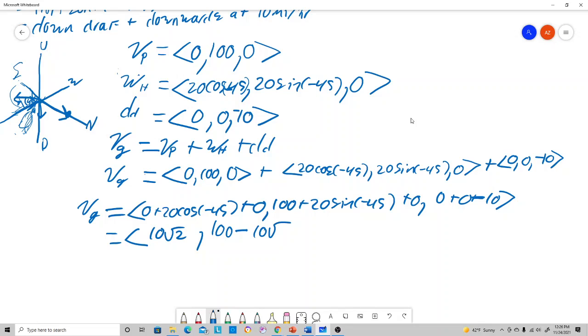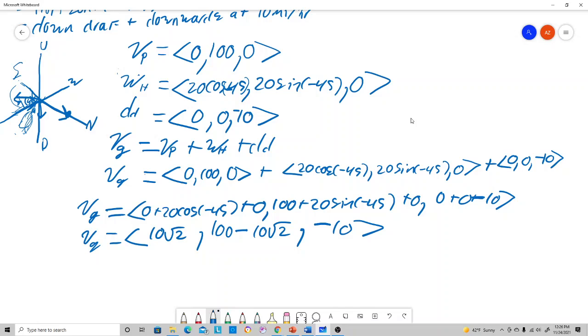So 10 is 10 square root 2. Okay. And then plus 0, which adds nothing to it. Okay, and then here, 0 plus 0 minus 10 is just negative 10. Okay, so that's the vector of our velocity.